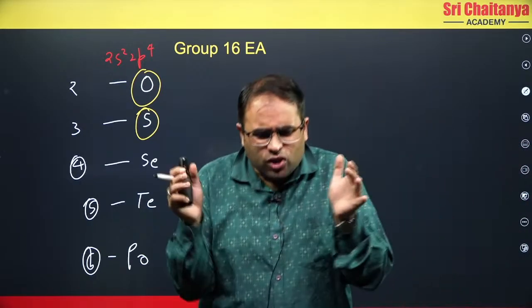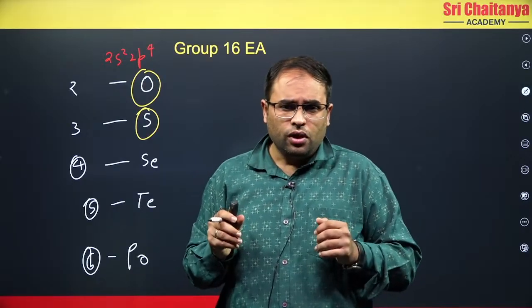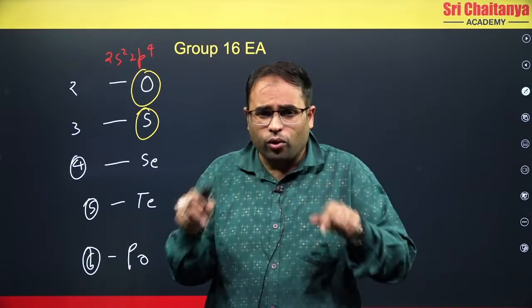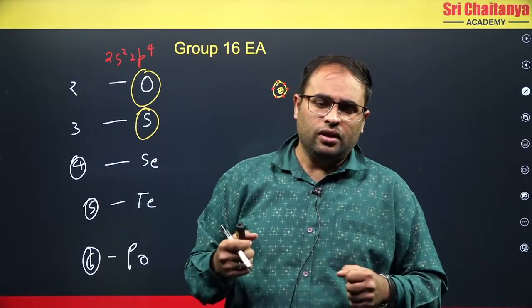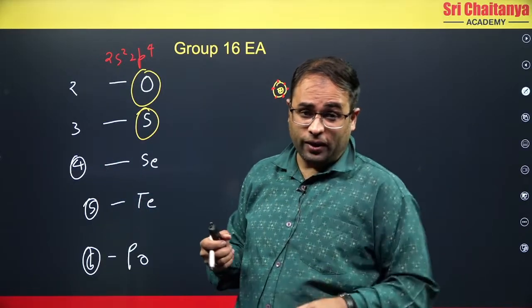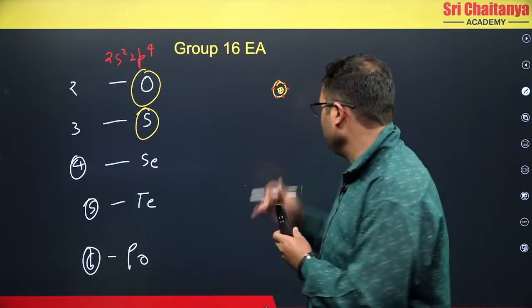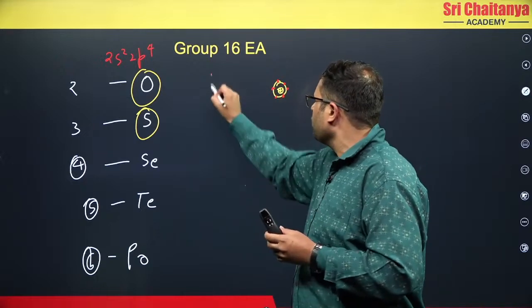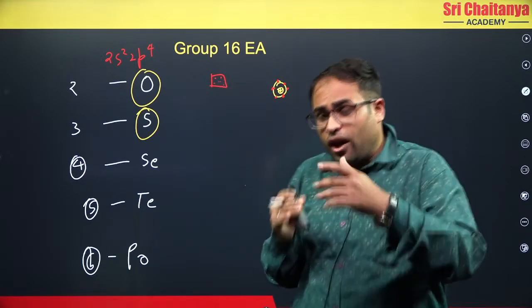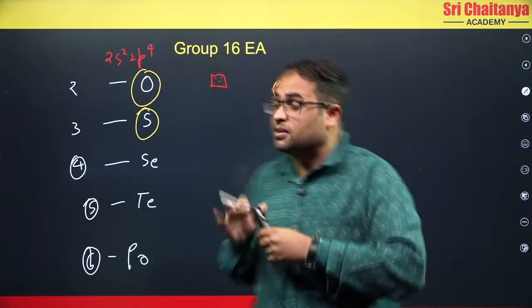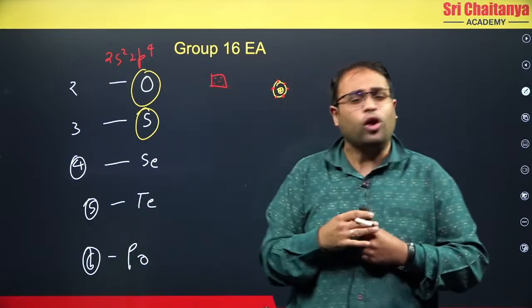Imagine you are in a small room where 6 of you are put together, right? This is that small room. If a 7th member is made to come into this small room, what will you do?